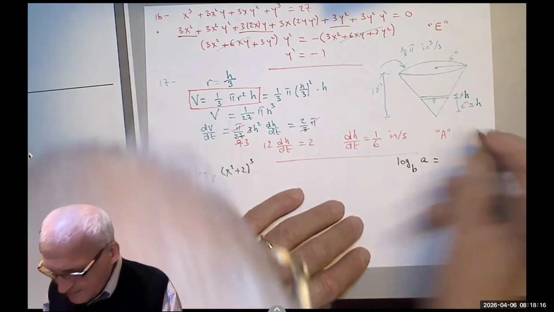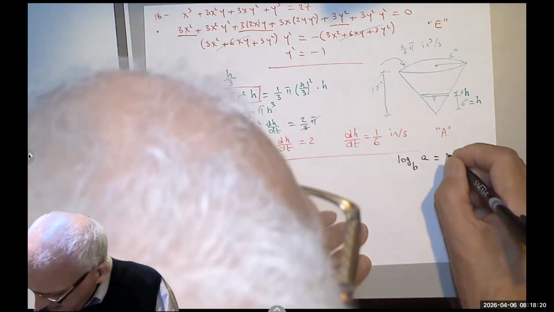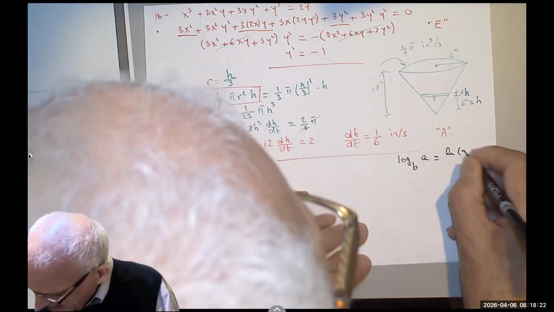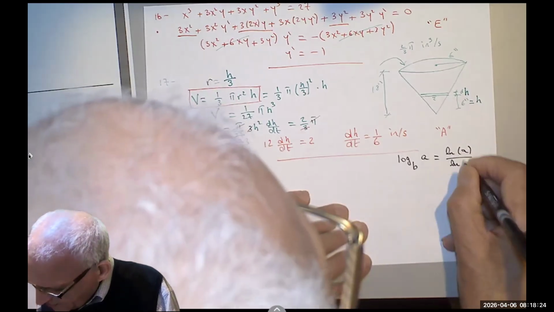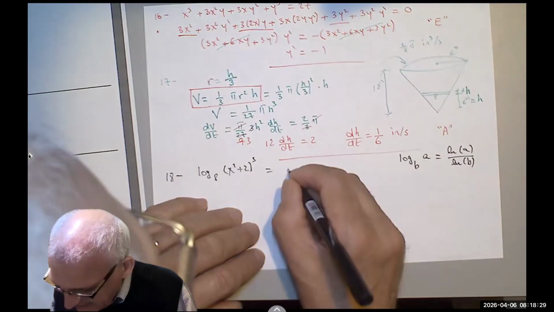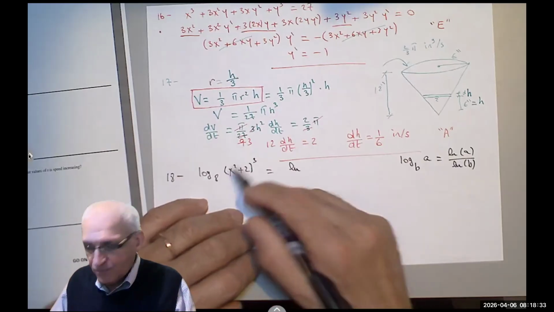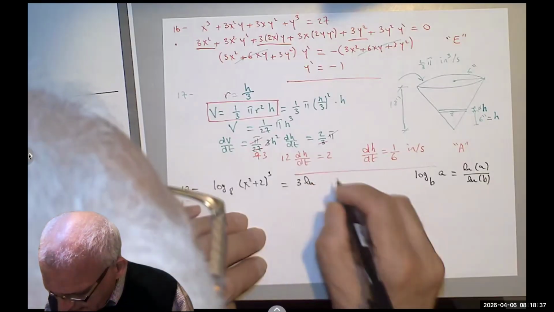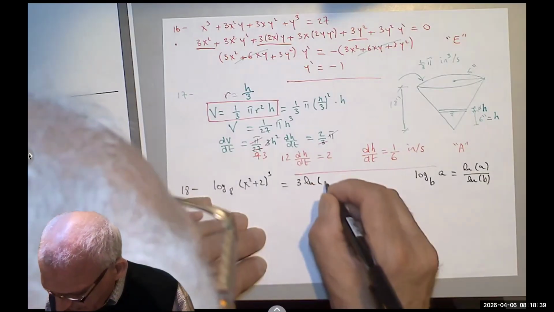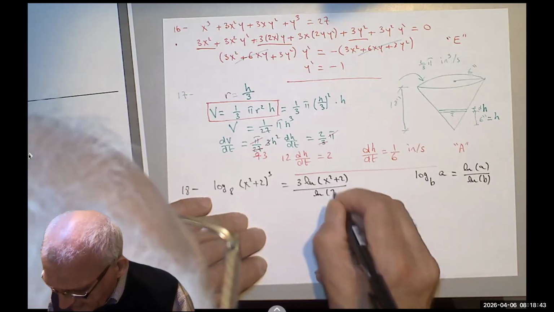Since we are going to take the derivative, natural log makes more sense. This is natural log of a over natural log of b. So I can rewrite this, and we can save time by writing the 3 in front, as 3 natural log of (x squared plus 2) over natural log of 8.